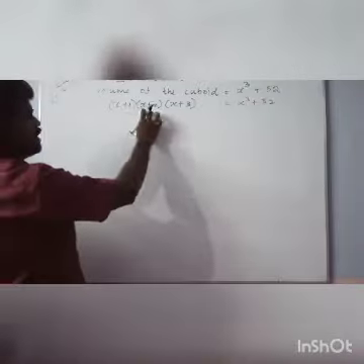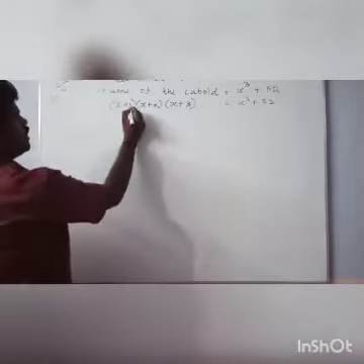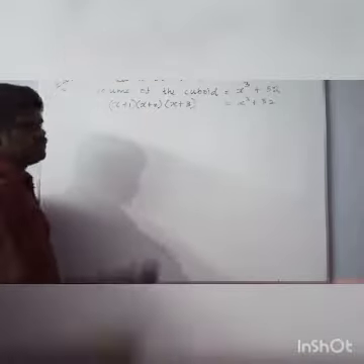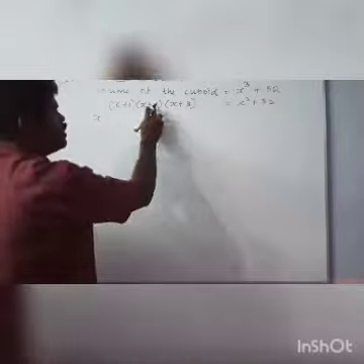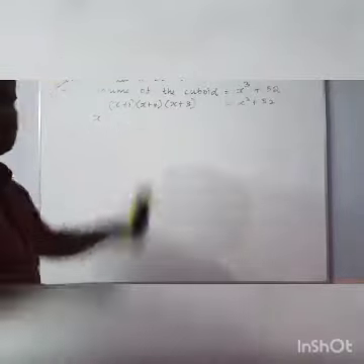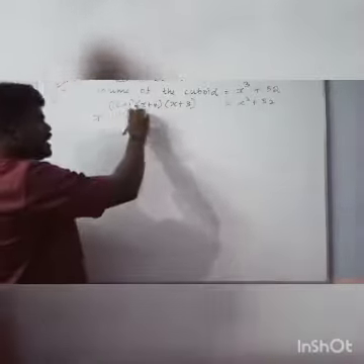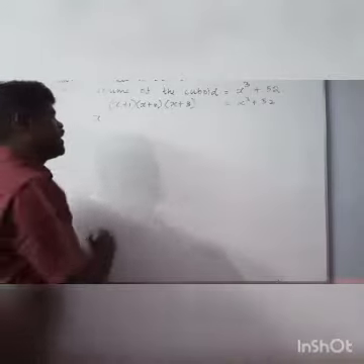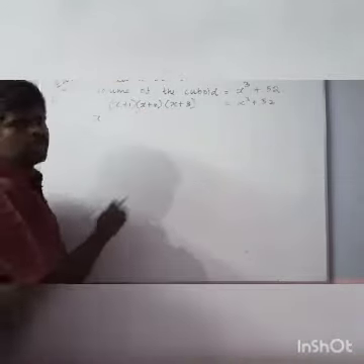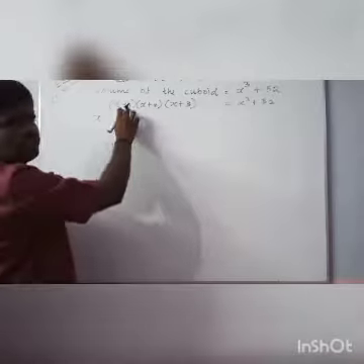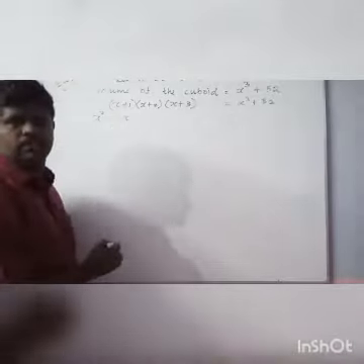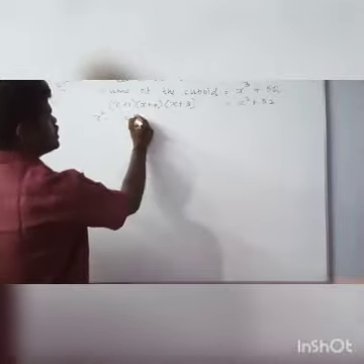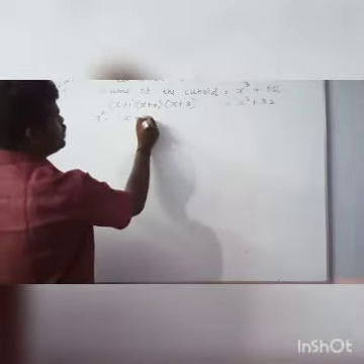Now we have to multiply these. Suppose 1 and 2 are the roots, this is the factor of roots. If we directly multiply, or you can write, this is the sum of the roots. What is the sum of the roots? 3. So x square plus 3x, and the product of the roots is what? 2 into 1, 2.